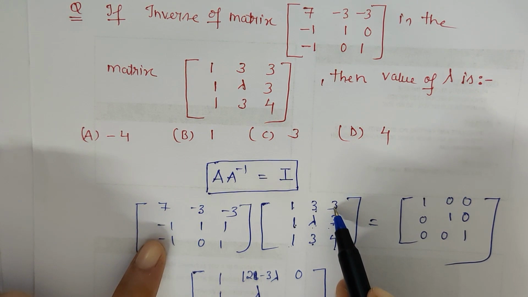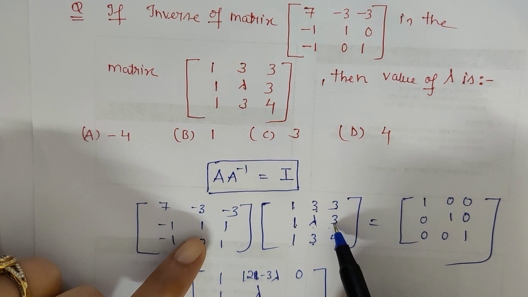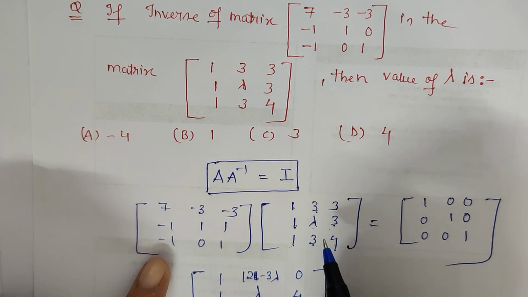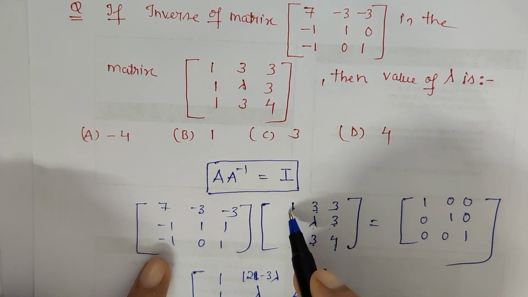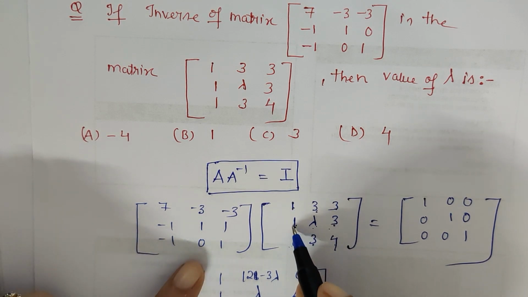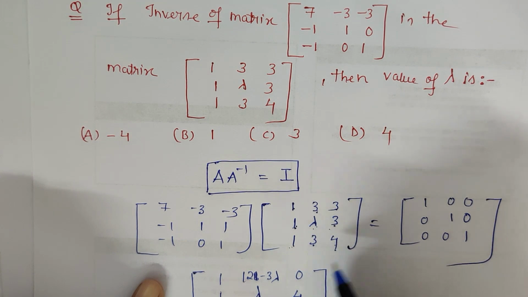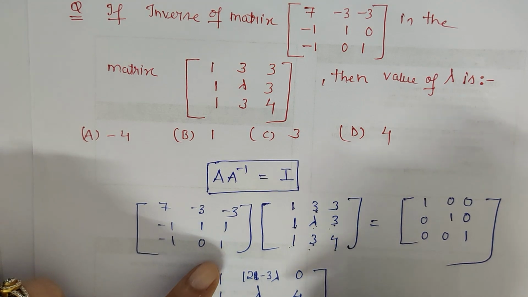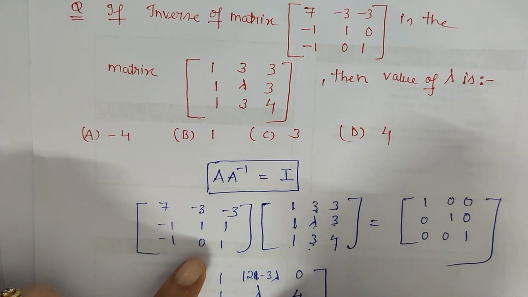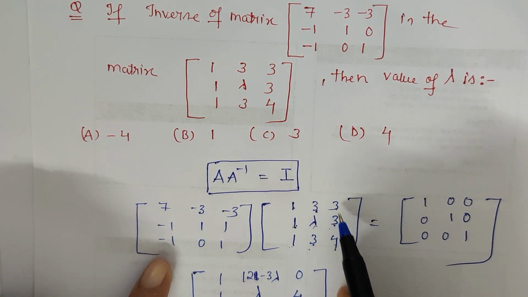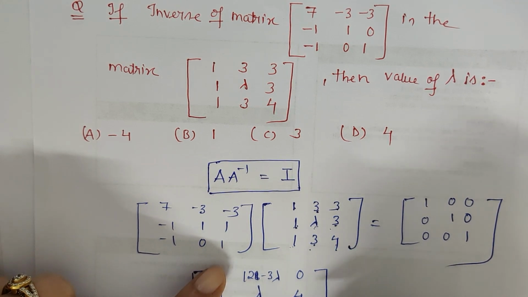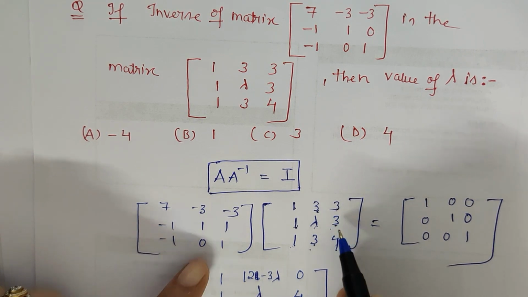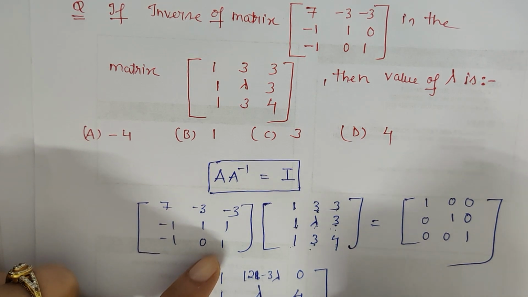Next is minus 3 plus 3, and we are left with this 4, and this is minus 1, and this is 0, and this is plus 1. I get 0 again, and here I get minus 3, and this plus 3 gives us 0, and 0 into lambda is again 0. This is minus 3, 0, and here I get 4. So here I get 1.